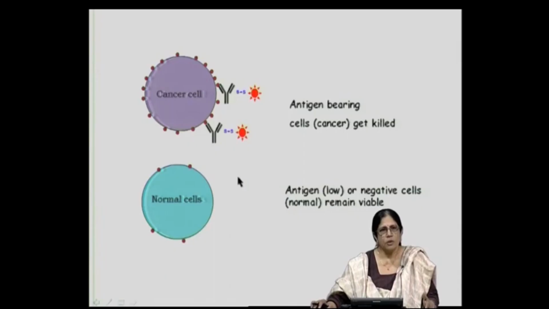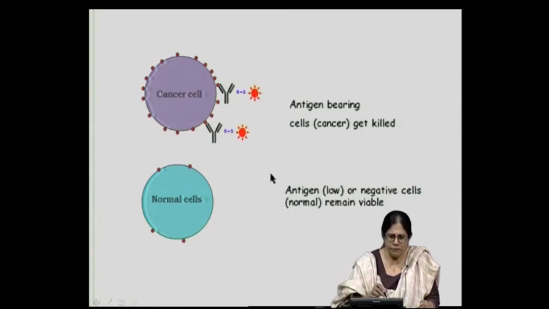However, in tumor associated antigen, there is a chance that you can have some normal cells also having those antigens, but the number of antigens on normal cells would be minimal. So, you have now an antibody molecule which can recognize a cancer cell only if it has x number of antigens on the cell surface because of its affinity.